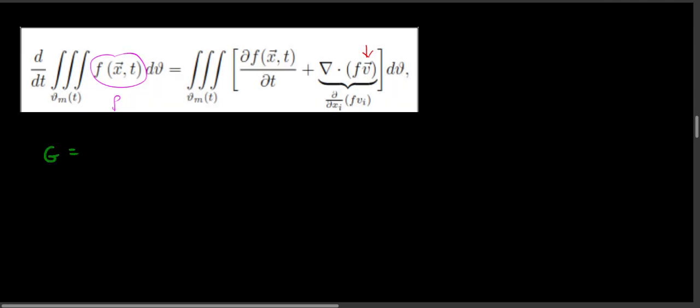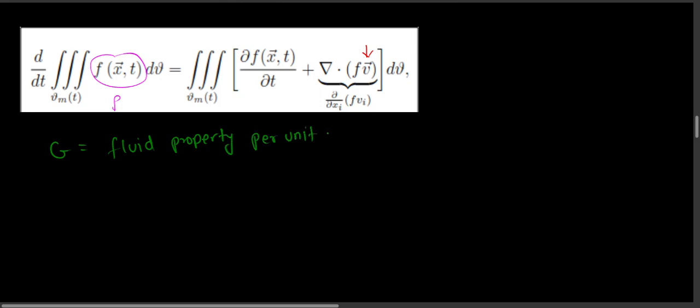All right. So here we have the kinematic transport theorem equation. Let's say we are considering a flow, and we have some property G. Let me choose a little smaller tip. So let's say we have a property G, which is a fluid property per unit mass.